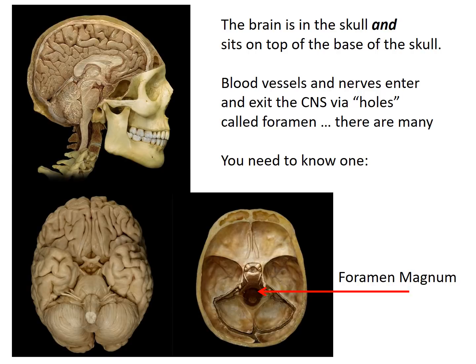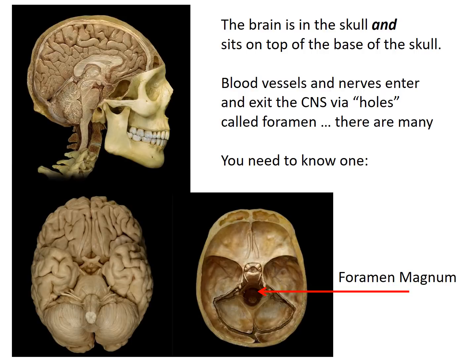So now look at the brain flipped inverted on the lower left picture, and you can see the cerebellum, the temporal lobes, the frontal lobes, and the brainstem, and now imagine the spinal cord extending off the brainstem.